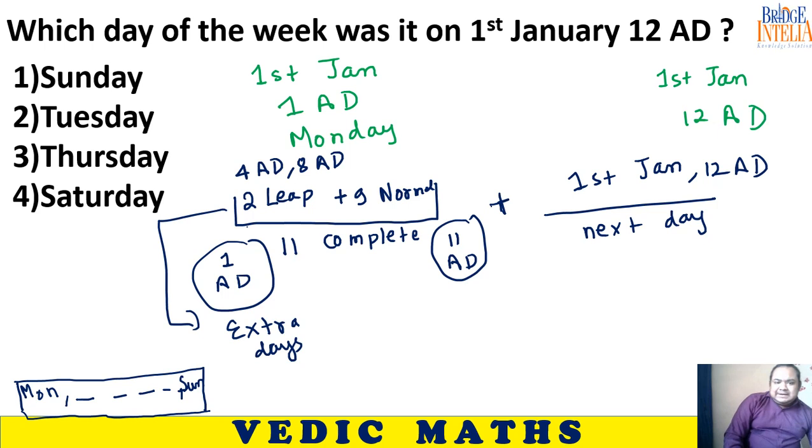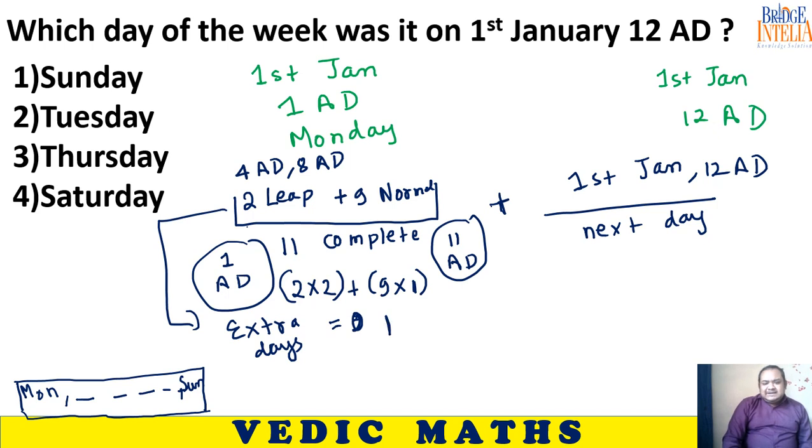So 2 leap years, so 2 into 2, because one leap year generates 2 extra days. 9 normal years, each normal year generates 1 extra day. So 2 into 2 is 4. 4 plus 9 is 13. So 13 extra days, and next day you have taken one more day.